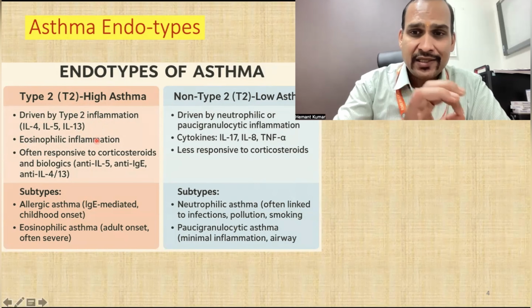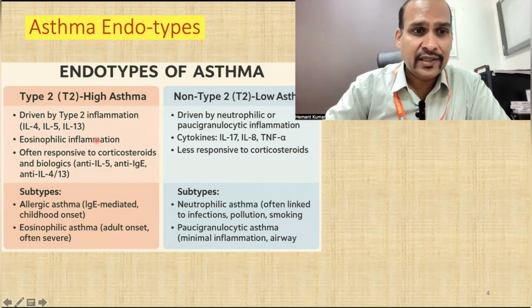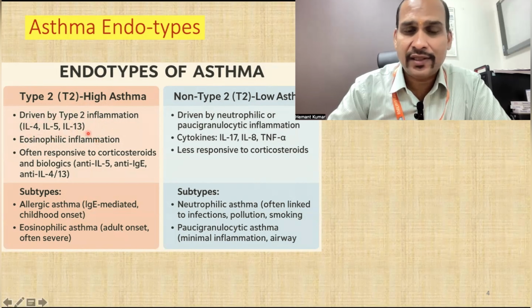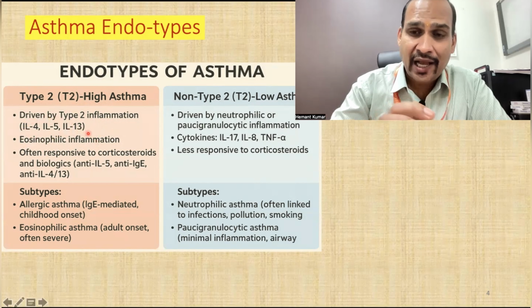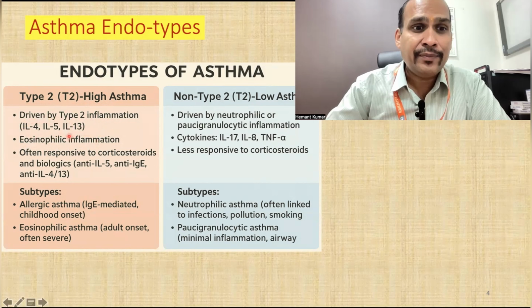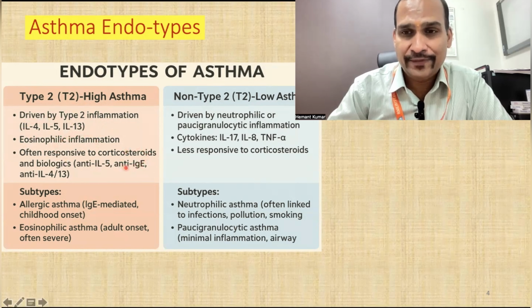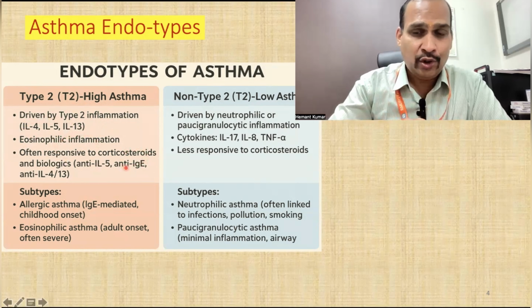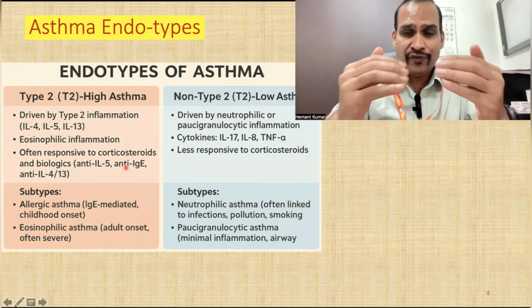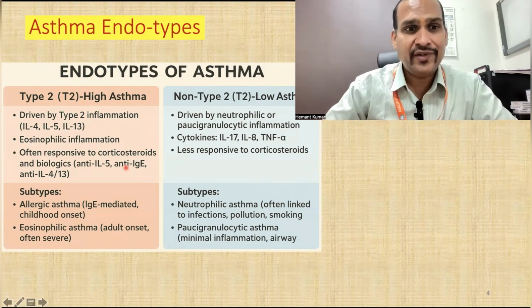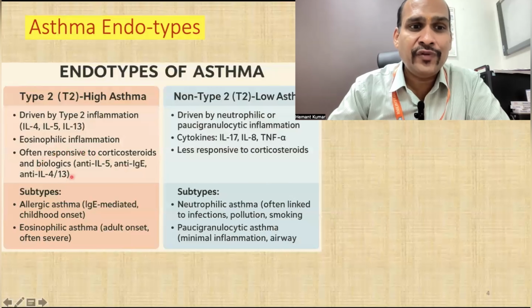Whenever there are high eosinophils in the body, they produce IL-4, 5, and 13. And whenever there are high eosinophils, they are very responsive to corticosteroid. Once you give corticosteroid, the eosinophil count will reduce drastically and the patient will improve. Also improves with specific biologicals.